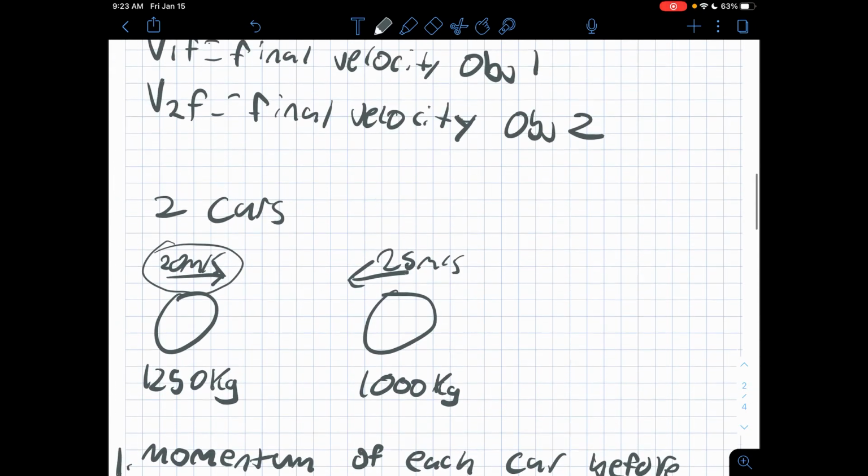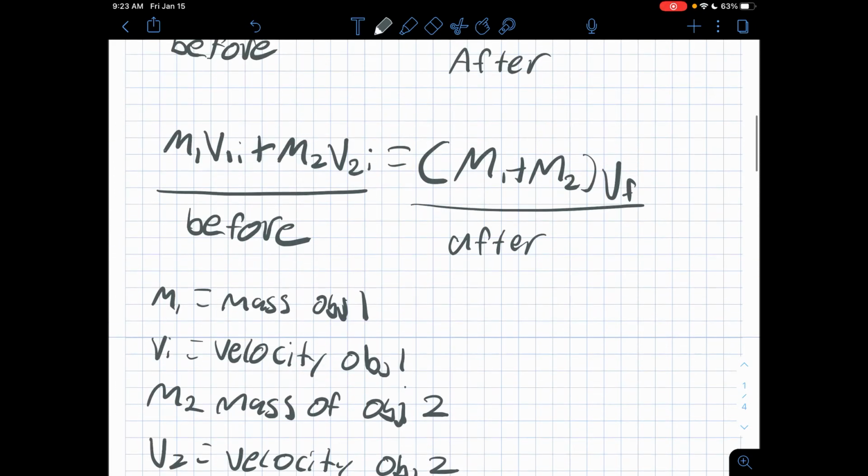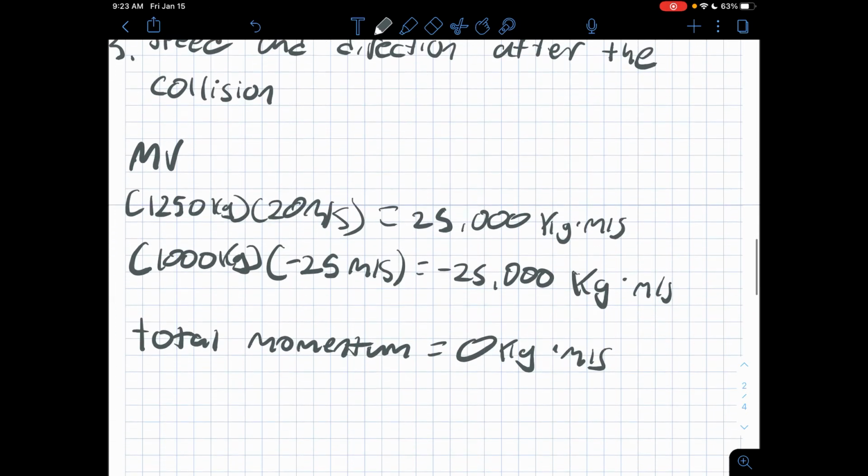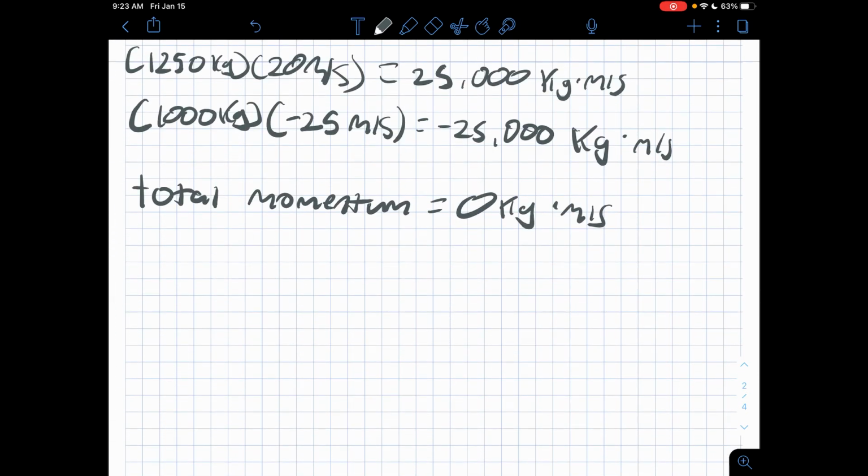And then for the final question, we can find out using the second formula. Since we know the momentum before, the mass 1 times velocity initial plus mass 2 times velocity initial, you can just do the same calculations. Always show your work.